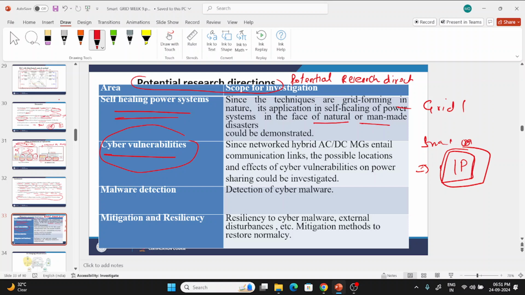So cyber vulnerability is also an area where research is going on. The main aim is to reduce the vulnerability of any cyber physical power system. And another research area is resiliency. Okay, how resilient our system is to any cyber attack or something like that.